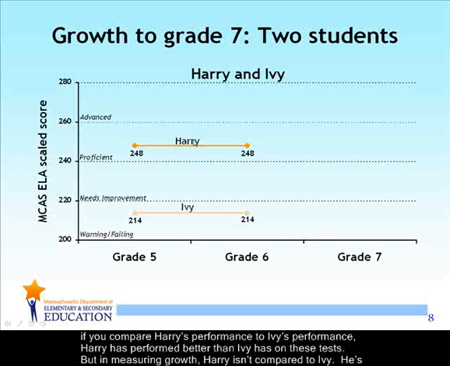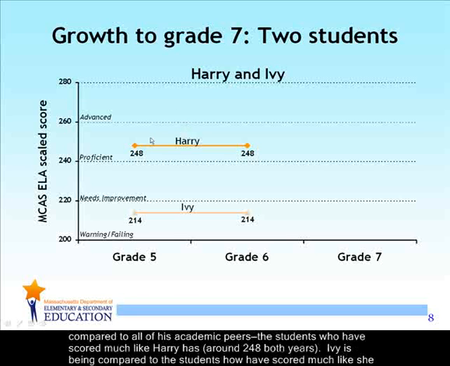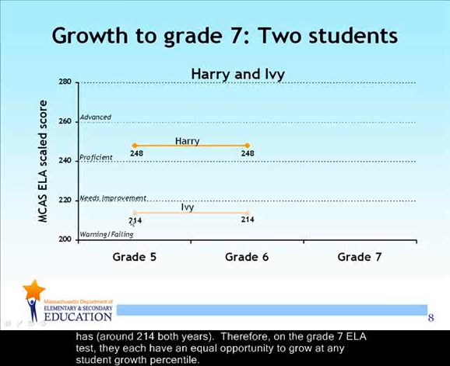Obviously, if you compare Harry's performance to Ivy's performance, Harry has performed better than Ivy has on these tests. But, in measuring growth, Harry isn't compared to Ivy. He's compared to all of his academic peers, the students who scored much like Harry has, around 248 in both years. Ivy is being compared to students who have scored much like she has, 214 in both years.